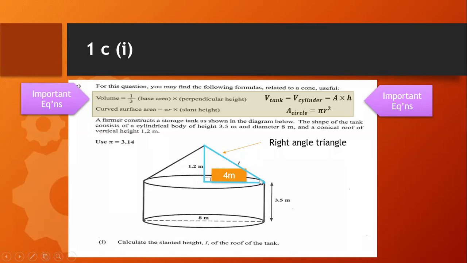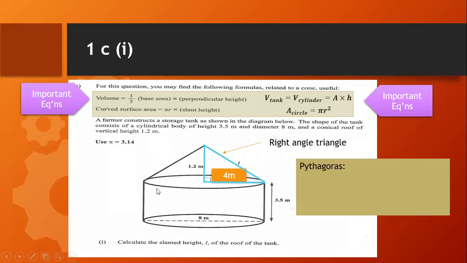There's the base here. What formula do we know that we can use to find the slanted height of a right angled triangle? In this case it is going to be the hypotenuse, given we have the other two sides. And that formula belongs to Pythagoras. Applying Pythagoras' theorem to this right angled triangle will give us L squared equals 4 squared plus 1.2 squared.